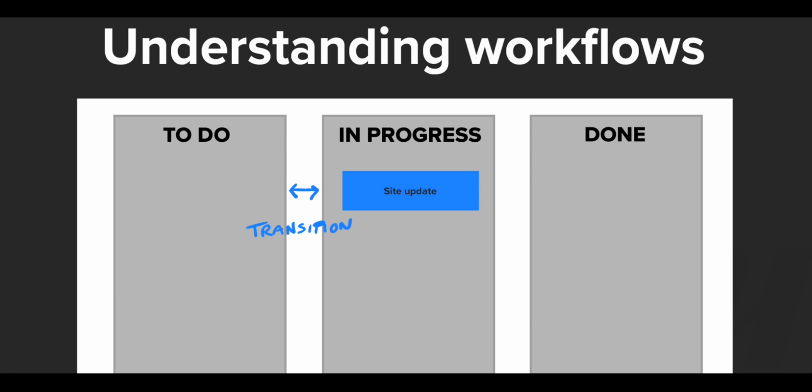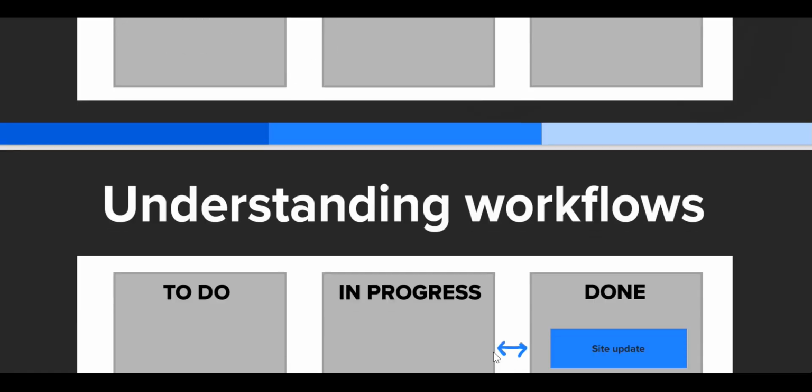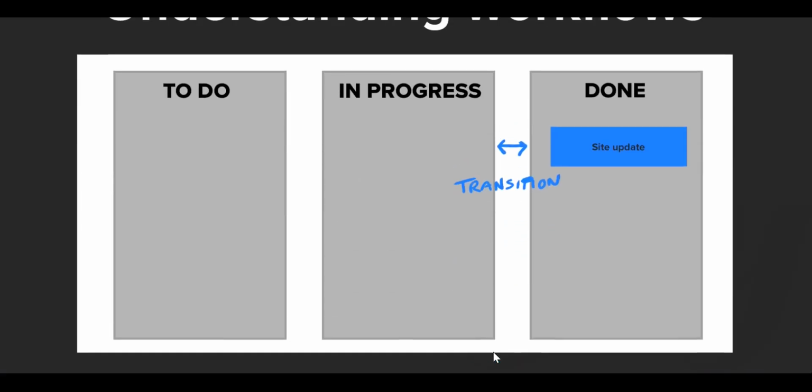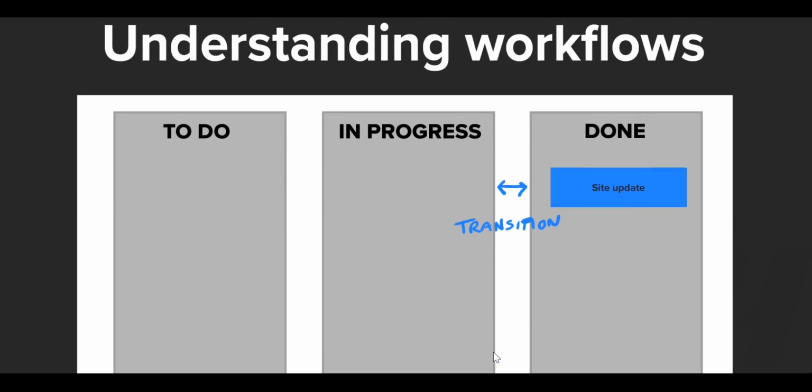Now, if we change the state from in progress to done, that's also a transition. So now the new status of the issue is done, and the transition takes place from in progress to done state.